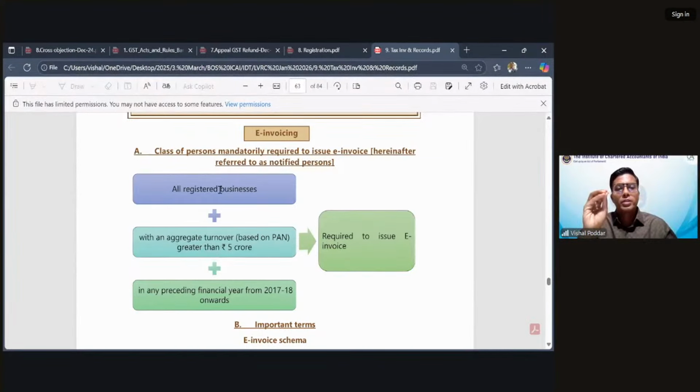Wherever e-invoice is applicable to you, you only prepare the invoice in the fashion in which you are preparing it. It may be physical, it may be computerized or whatever. Whatever is your mechanism of preparing the invoice, that will be followed by you. No change in that.